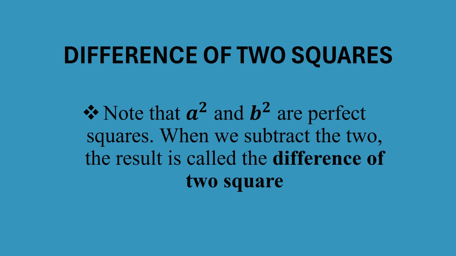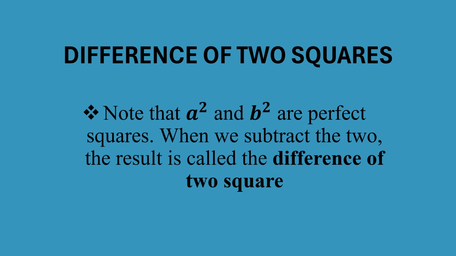Note that a squared and b squared are perfect squares. When we subtract the two perfect squares, the result is going to be called the difference of two squares.